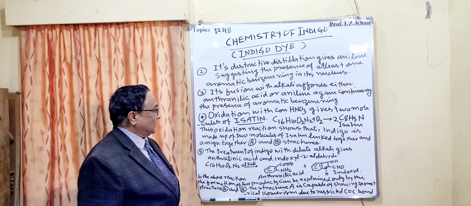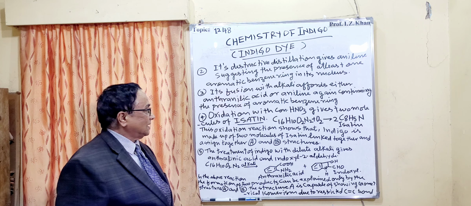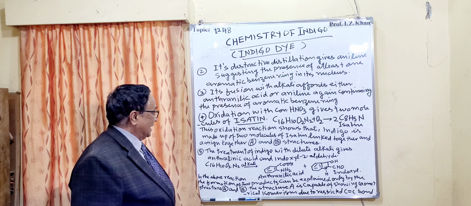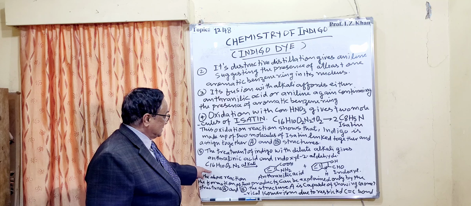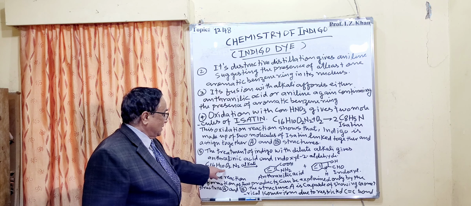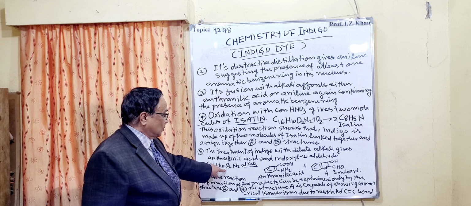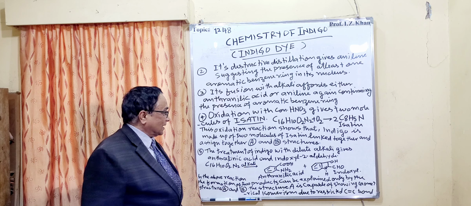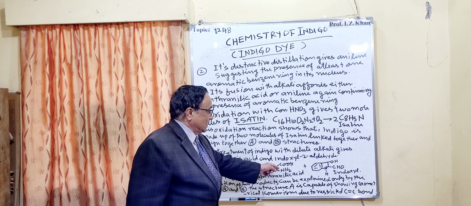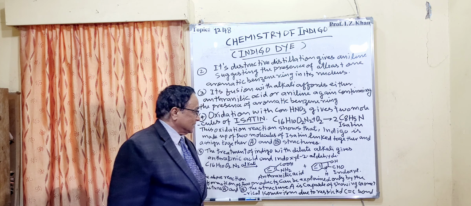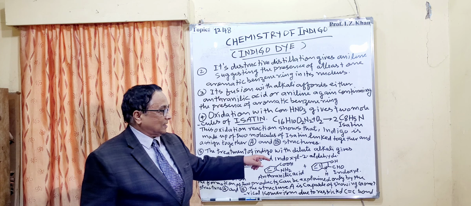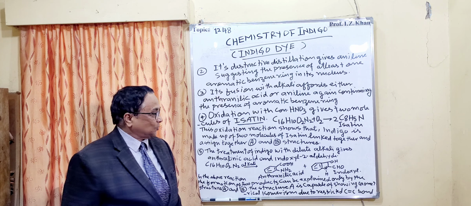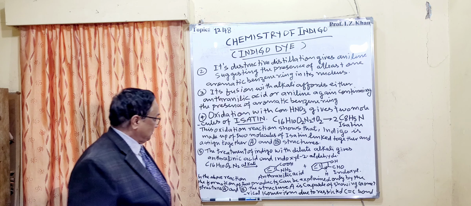Number 5. The treatment of indigo with dilute alkali gives anthranilic acid and indoxyl aldehyde. So here, once indigo dye, that is C16H10O2N2, is treated with alkali, you will get this acid, and this acid is called anthranilic acid, plus one aldehyde substituted product that is called indoxyl.